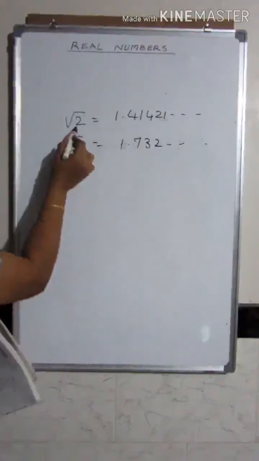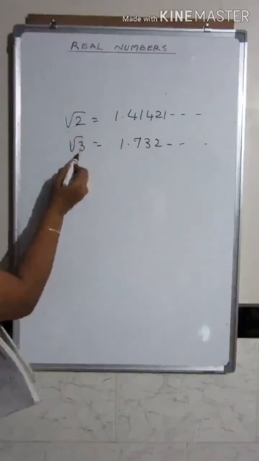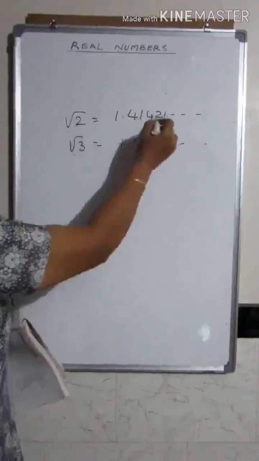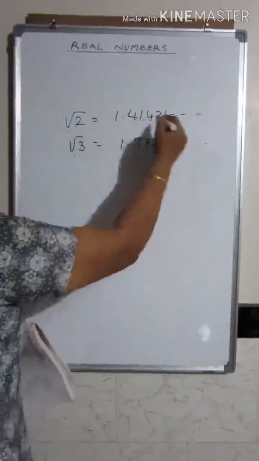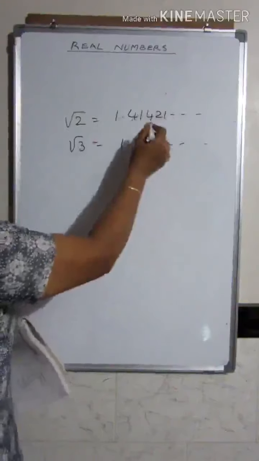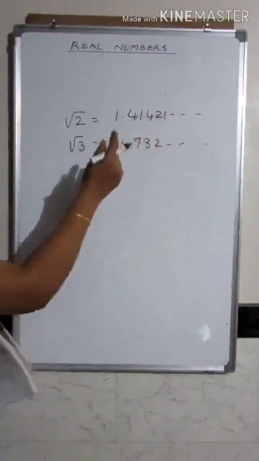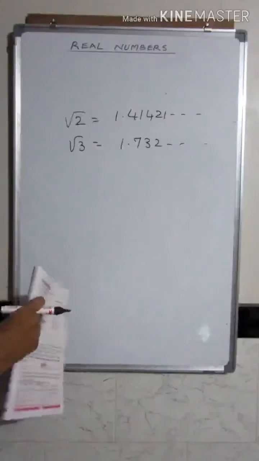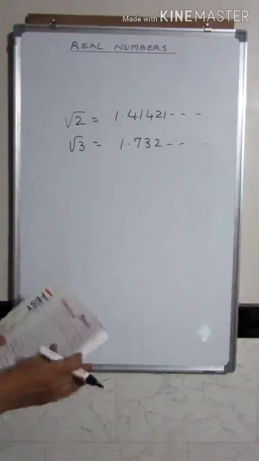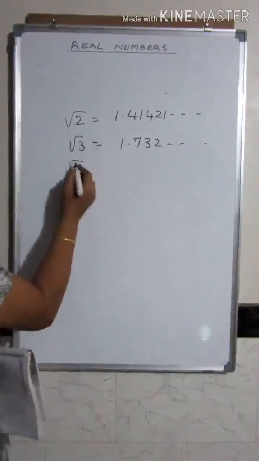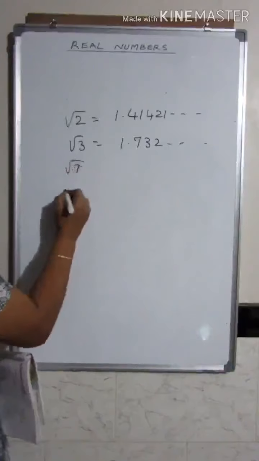Whenever you find the value of root 2 or root 3 using the division method, the division does not stop, it goes on and on, but the numbers are not repeating. Such a decimal representation, non-terminating and non-recurring, is called an irrational number. Usually irrational numbers are roots of prime numbers, like root 7, root 5.